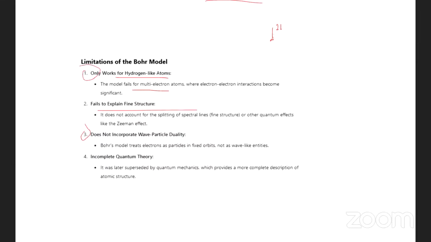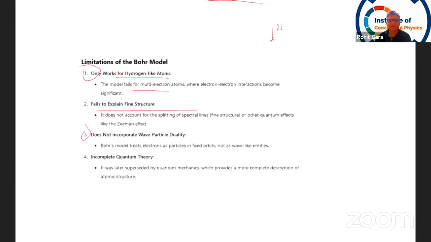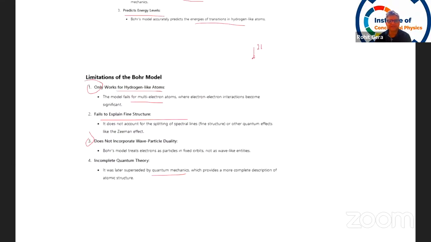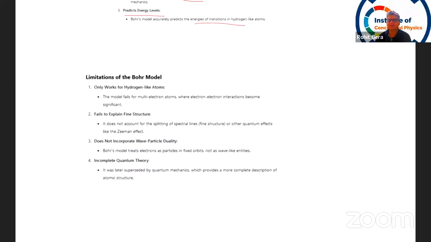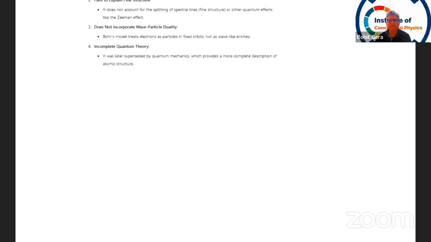And it was incomplete because later on quantum mechanics came, which is more modern physics, which you learn later. So there are more things which got added to Bohr. Even after Bohr, there are other theories, so he could not explain the further developments. Which is always the truth: developments will keep on happening.